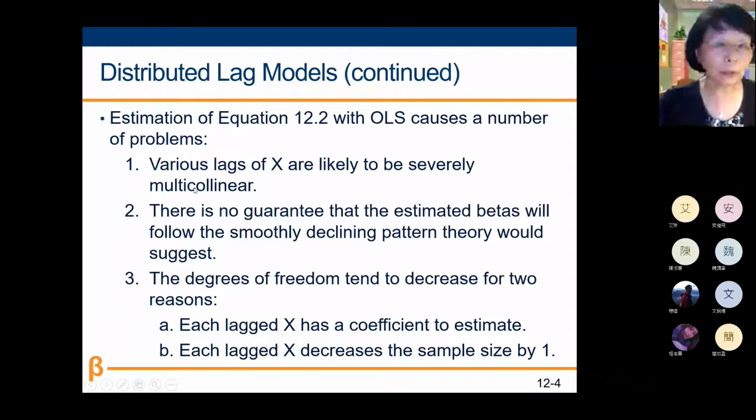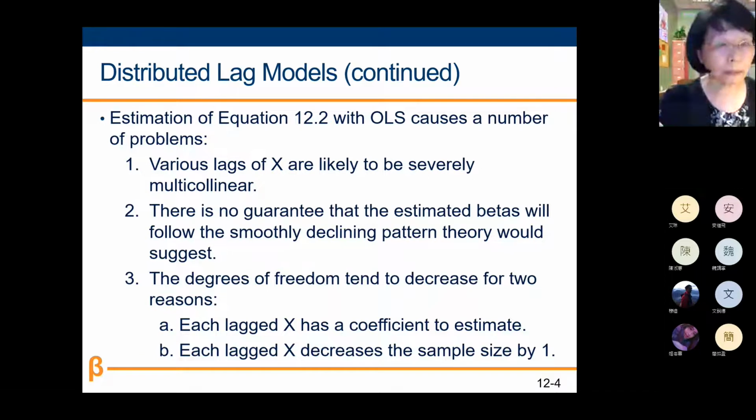And since there's no multicollinearity problem, we can extend it to the distributed lag model with the theory's expectation that all the estimated coefficients will follow a smoothly declining pattern. Number 3 is that the degrees of freedom will not decrease because we don't have the lag of x variables anymore.